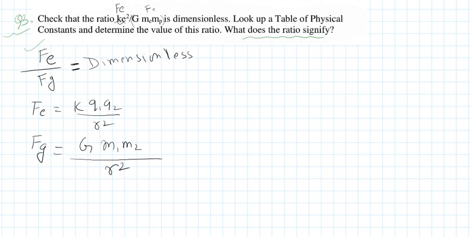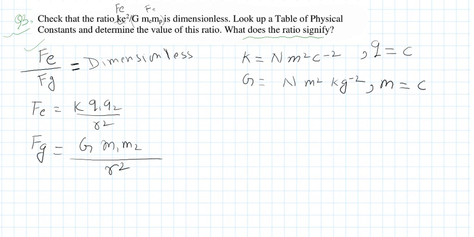Now the unit of k is Newton meter square per coulomb square. The unit of gravitational constant is Newton meter square per kg square. The unit of charge is coulomb, and the unit of mass is kg.